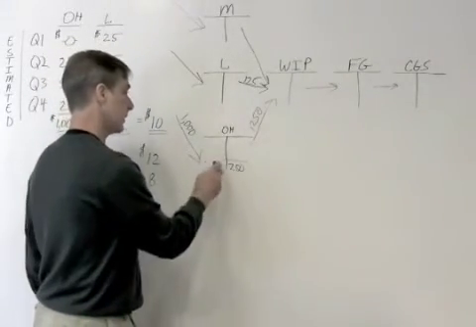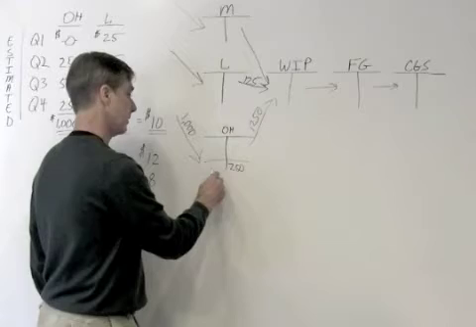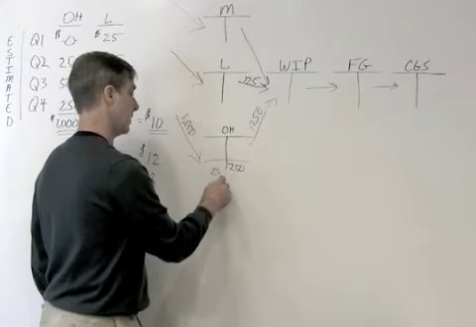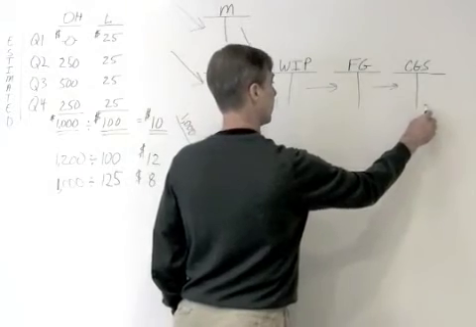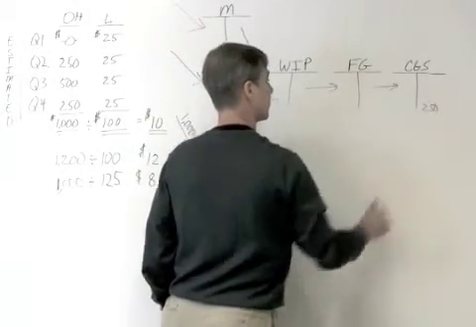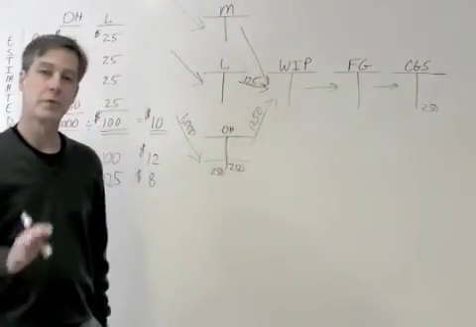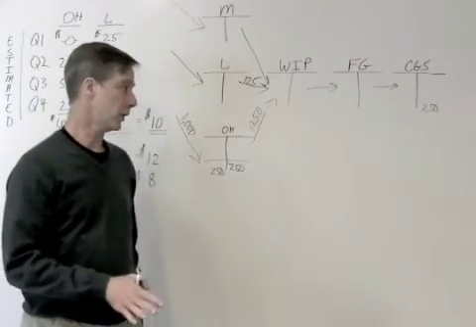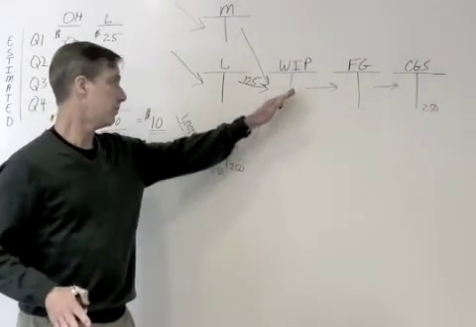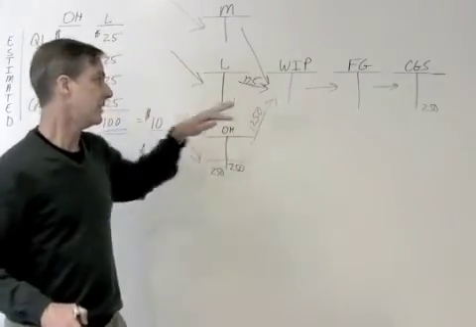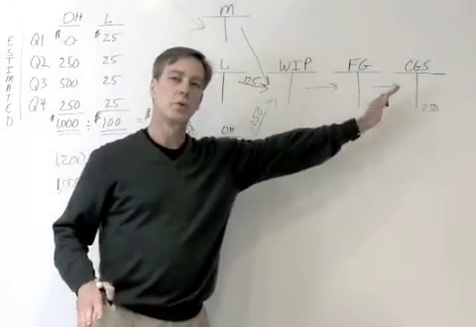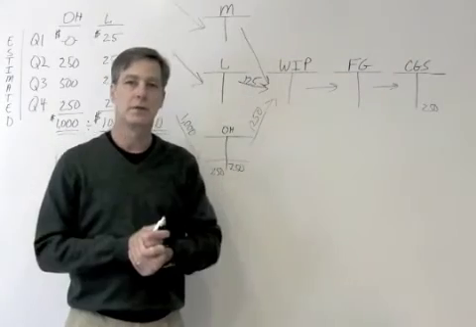So to fix this, we eliminate the overhead balance by putting a debit of $250 in overhead, and we're going to credit cost of goods sold by $250 to reduce the cost that we're showing. Because we applied more cost than we actually incurred, if we didn't do this, cost of goods sold would look higher than it actually was.